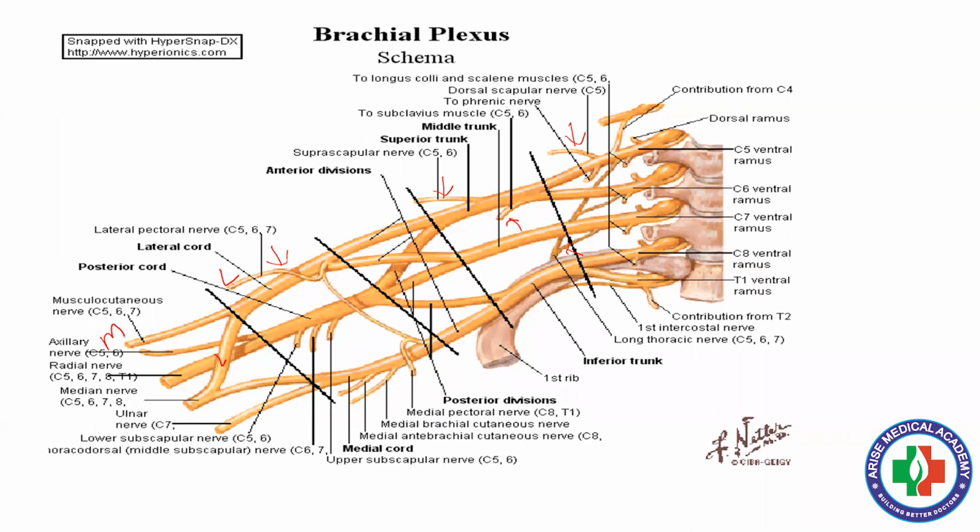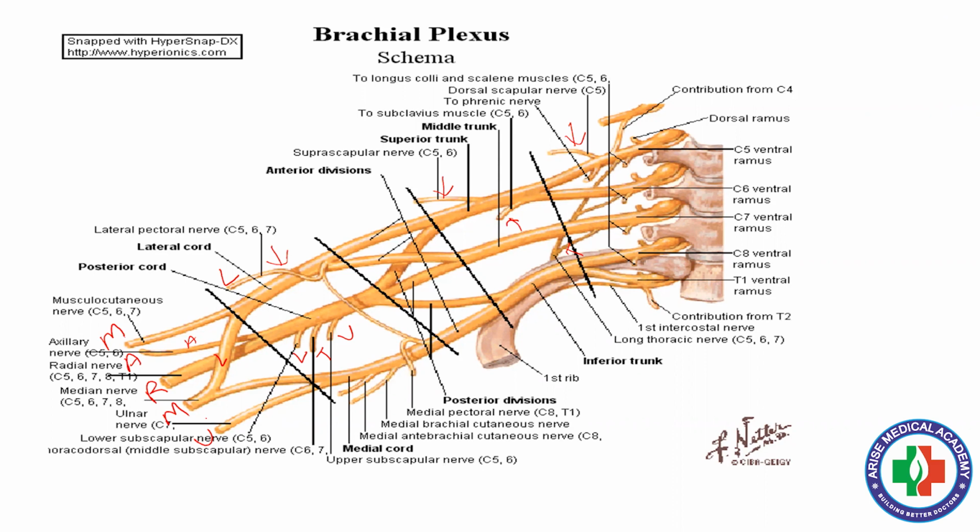Branches from the posterior cord, ULTRA: upper subscapular, lower subscapular, thoracodorsal nerve, radial nerve. The largest is radial nerve, and the axillary nerve. So you can remember MARMU, so that will help you. Musculocutaneous nerve, axillary nerve, radial nerve, median nerve, and ulnar nerve.